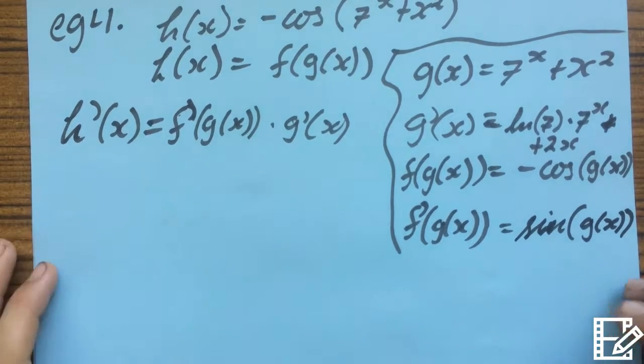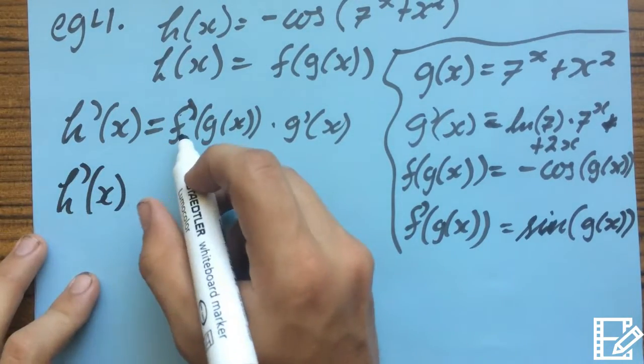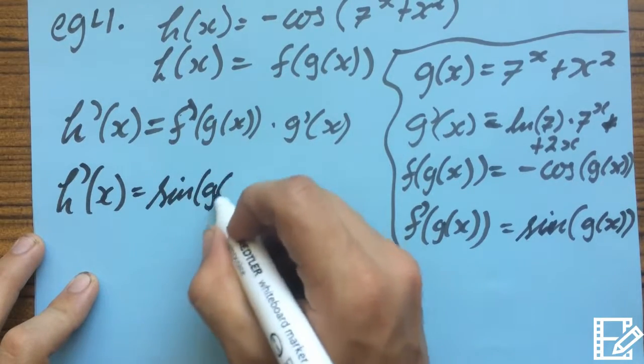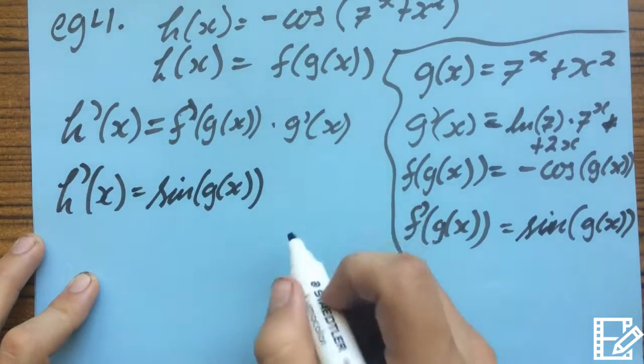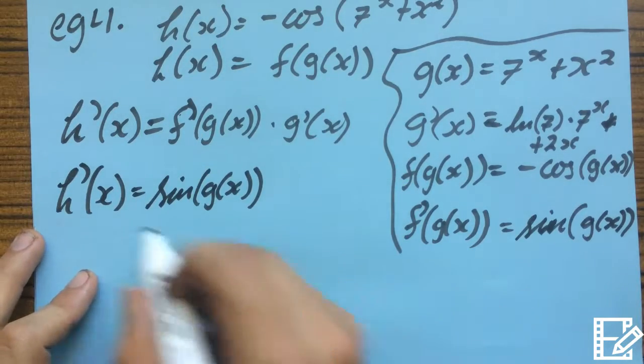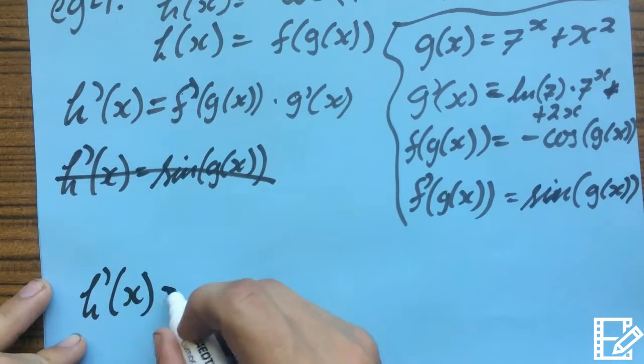If we fill this in, f dash g(x) is sine g(x), multiplied by g dash x. I'll rewrite this, put it all nice and neat.